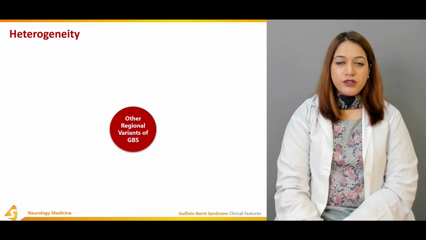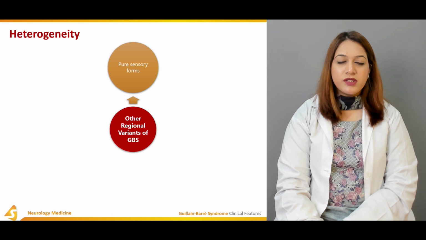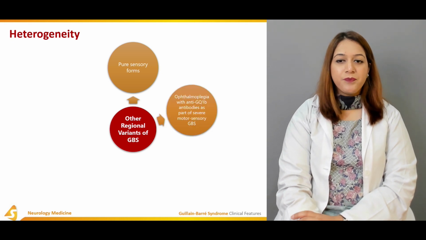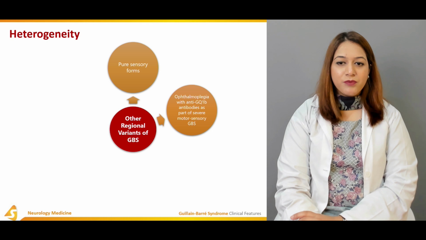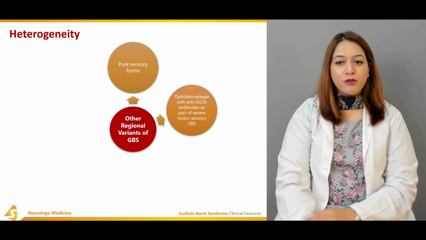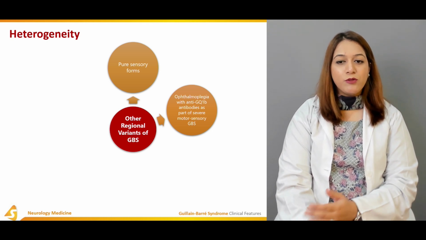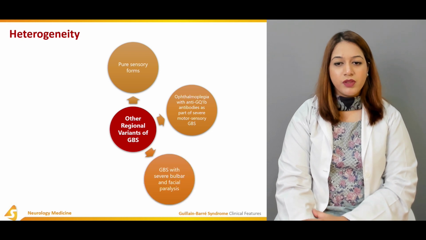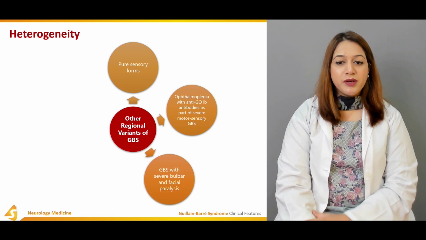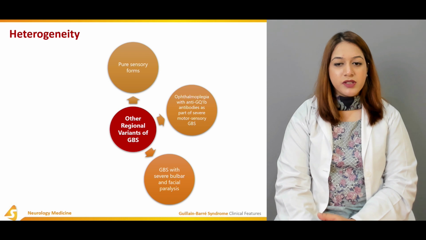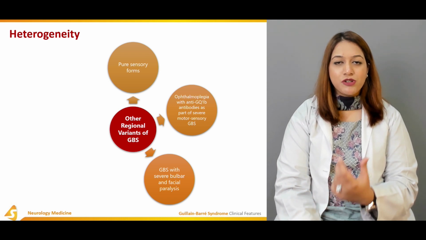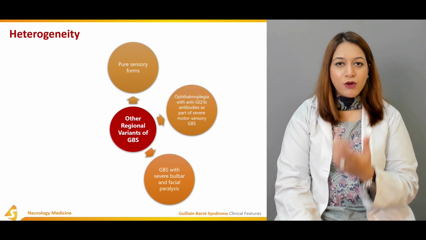These are the regional and rare variants of GBS. It includes some pure sensory forms, ophthalmoplegia with anti-GQ1B antibodies as part of severe motor sensory GB syndrome, GB syndrome with severe bulbar and facial paralysis. Bulbar paralysis means these are the muscles which control chewing and swallowing actions.